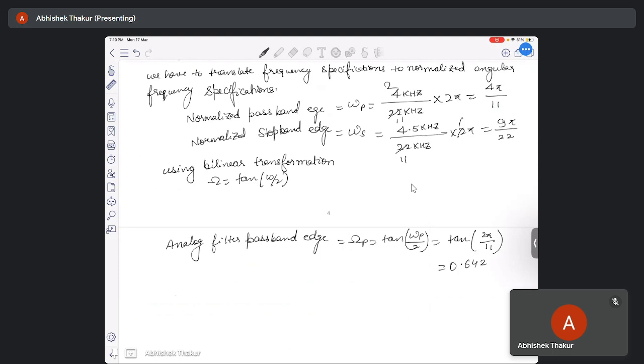Now, the analog filter stop band edge is equal to omega s, that is given as tan omega s by 2. So this will be equal to tan 9 pi by 44.